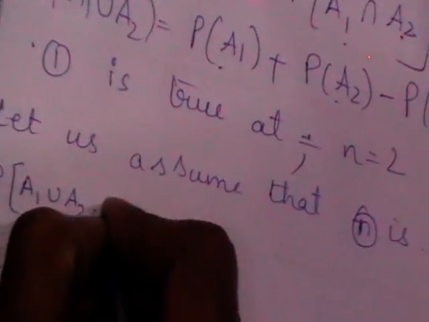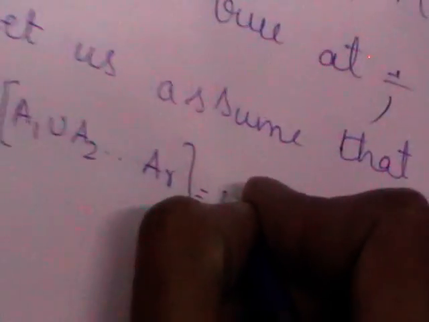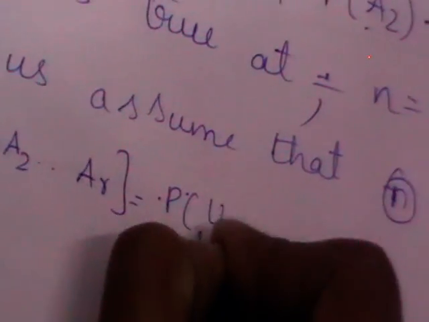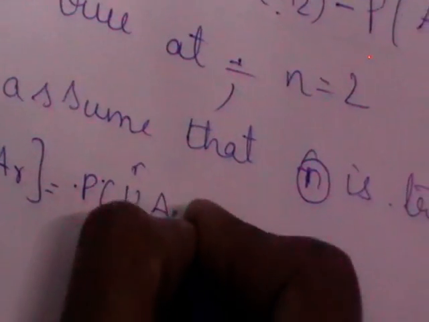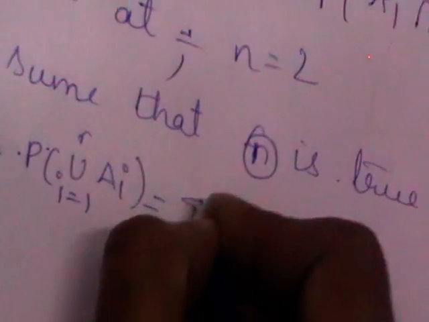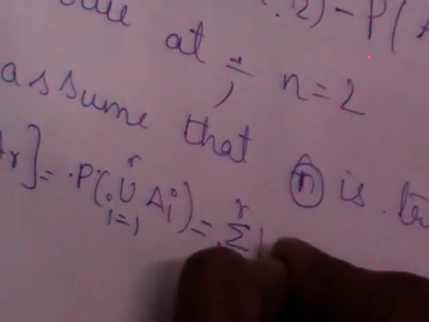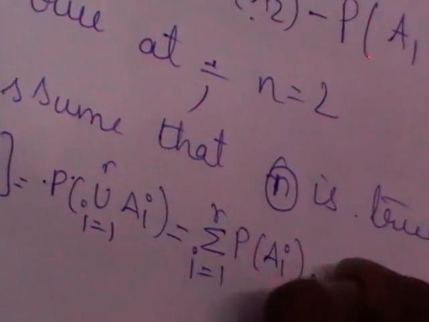P of A1 union A2 union up to AR, which is equal to P of union i is equal to 1 to r, Ai. I am just replacing n with r in equation number 1. I think this is the statement which we will get.